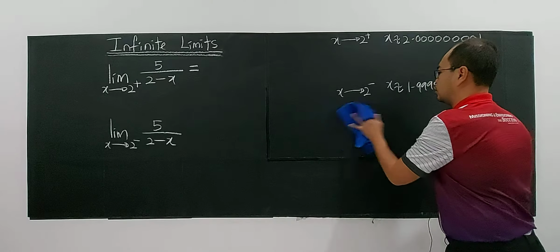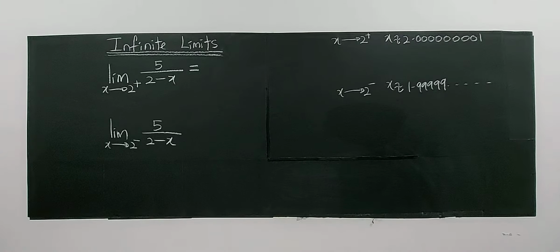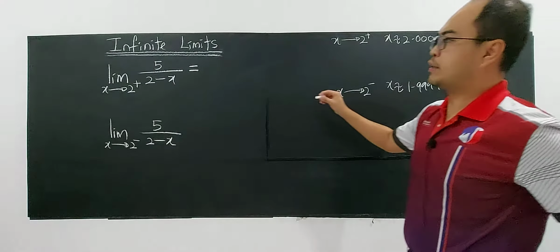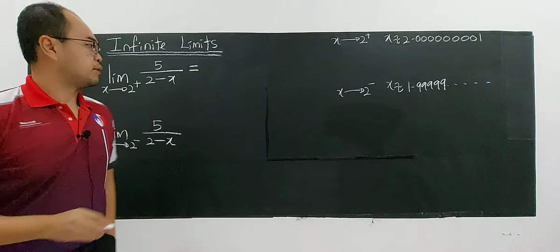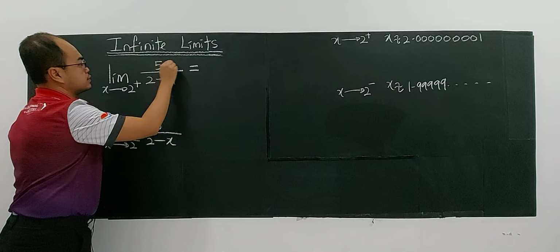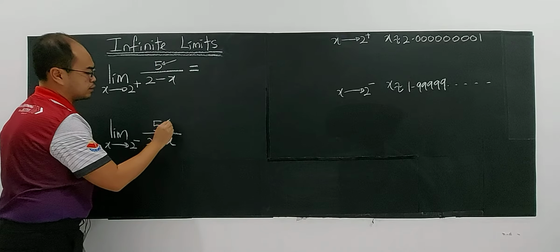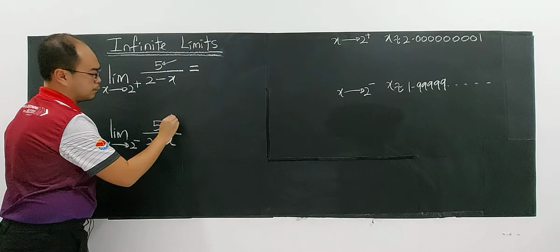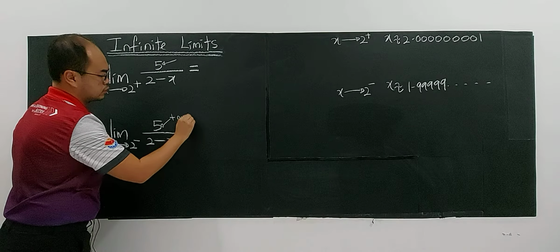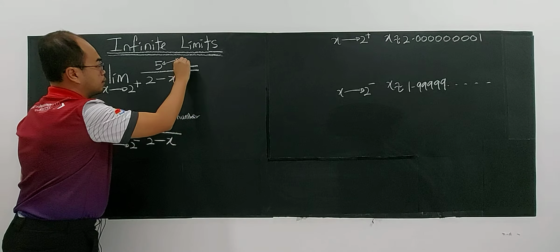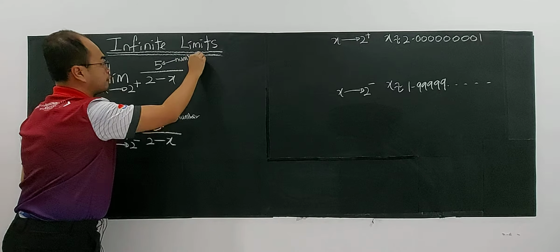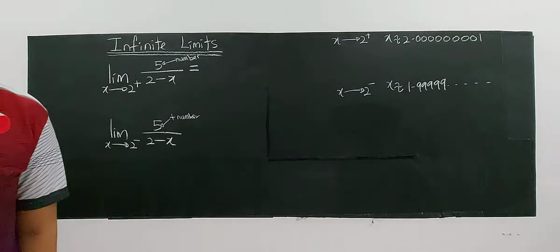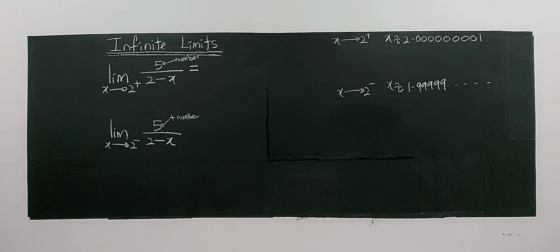Very small. So what is the meaning here? Now we consider, because this is a positive number, and this is also a positive number, we have to consider what happens to the denominator here.